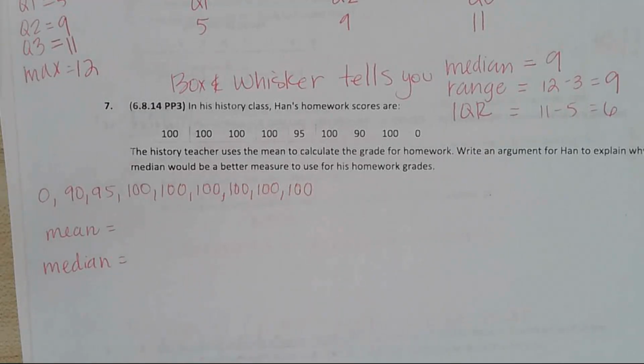So once you add all those numbers up and you divide by 9, you get 87.2.